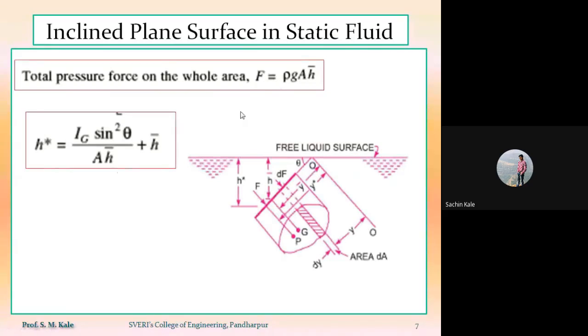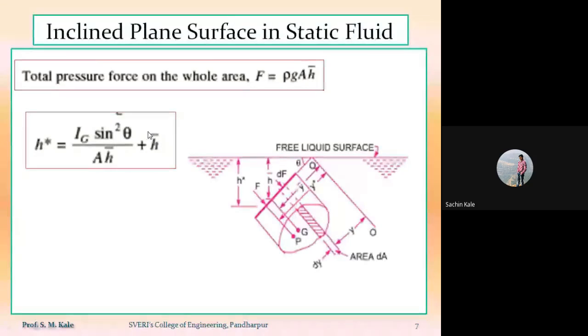So you can revise that derivation part, and you have to remember that the total pressure force acting on the whole surface area in case of an inclined plane surface is given by rho g A h bar, and the value of H star is given by Ig sin square theta upon A h bar plus H bar.